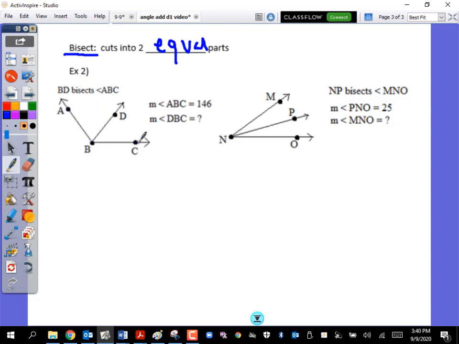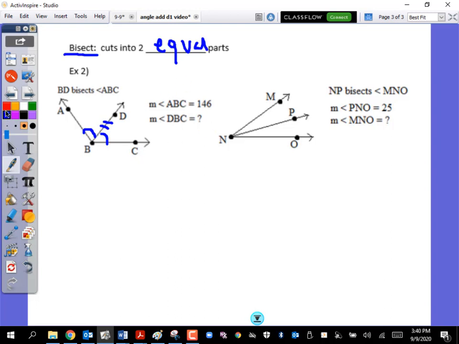So out of this whole thing, I know that this side, ABD, is going to equal the other side, because this is a bisector. It's kind of like the word midpoint. When we have a midpoint on a segment, that means that both sides are equal. So when we say bisects on an angle, that's cutting that whole angle in half, so each side is the same.